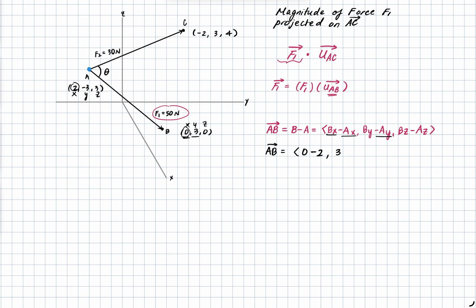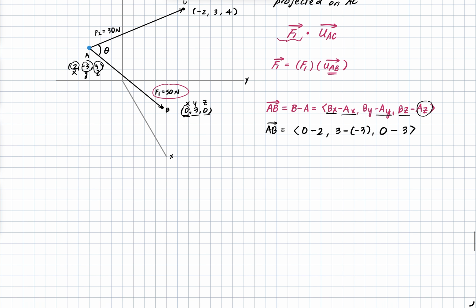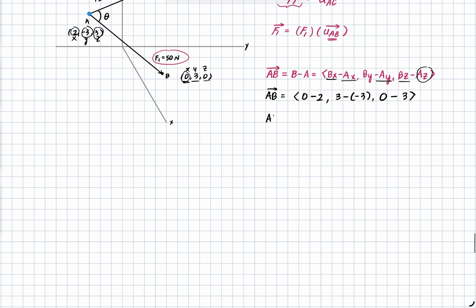For AY, sorry, we have negative 3, so it's minus negative 3. Comma, for BZ, we have 0 minus AZ, which is 3. So when I add or subtract everything, I get AB equals negative 2, comma 6, comma negative 3.